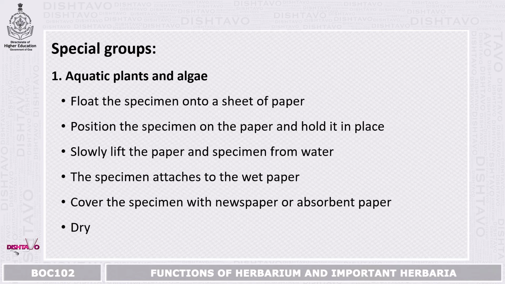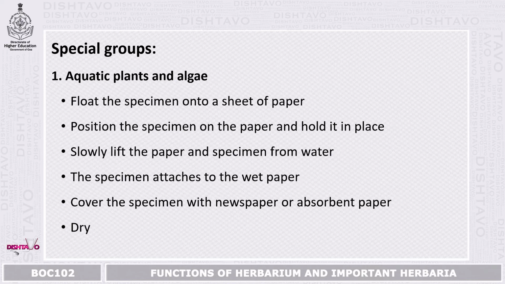Certain groups like aquatic plants, algae, fungi, conifers, and aroids require special treatment for processing. Aquatic plants and algae are collected. These are floated on a sheet of paper in water.